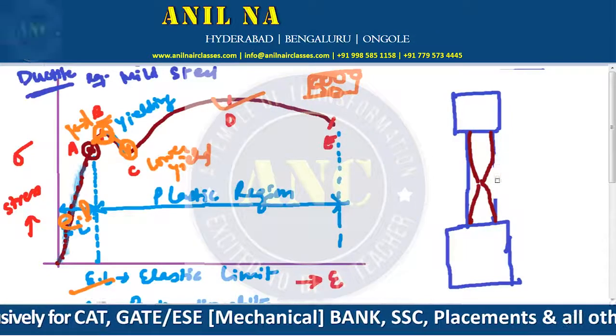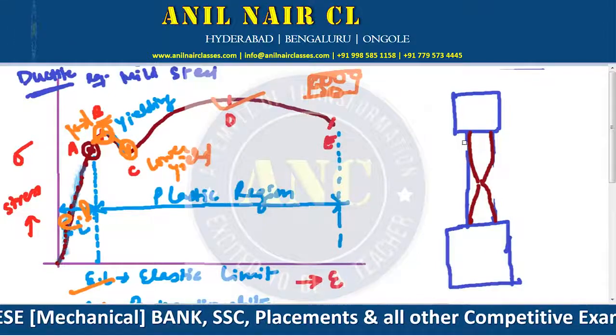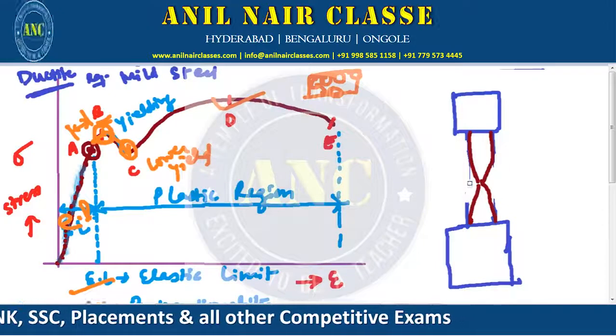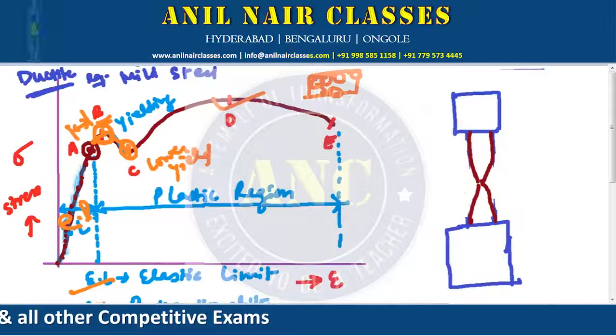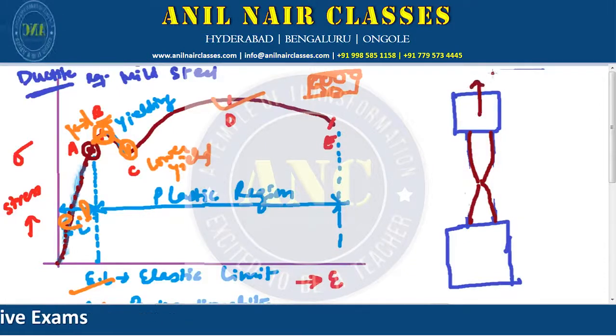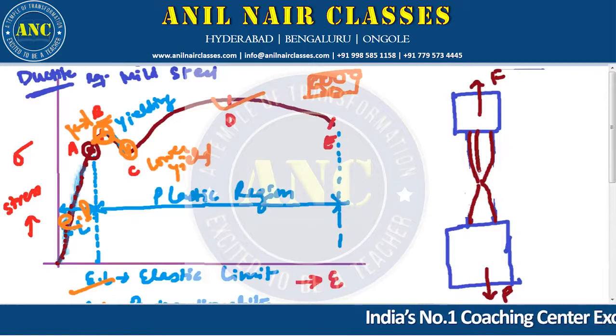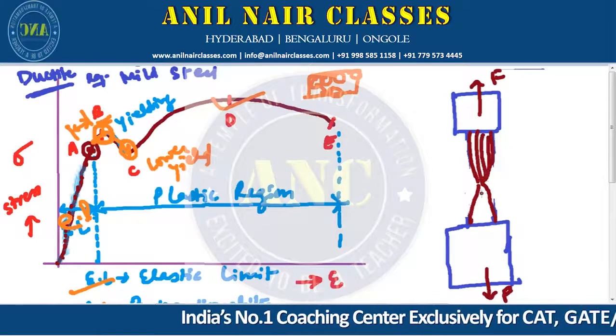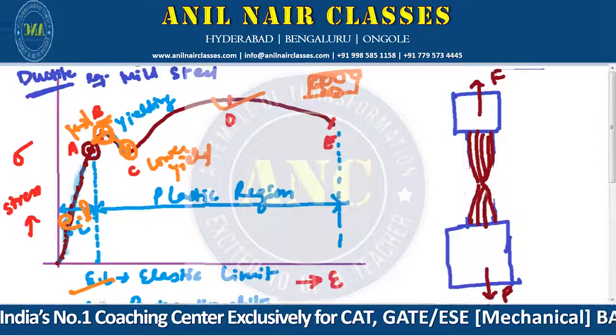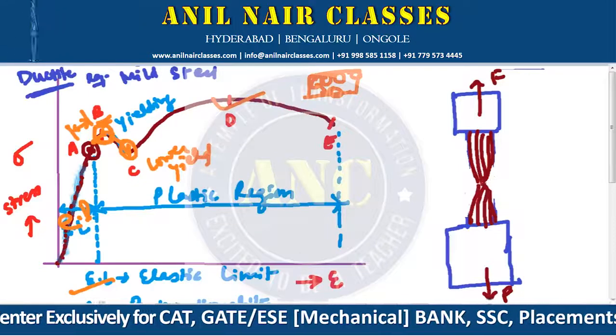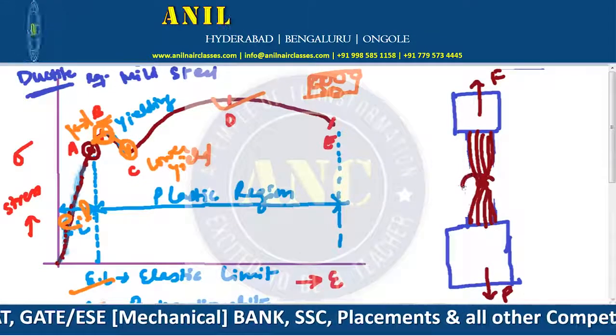Correct? Why? Because of the pull in the body. That is because of this force that in the UTM machine we are giving. So what happened? It will go on. So these are the lines. Correct? These lines are called lines of Lederbrand. So what happened? Finally, the point will be created, right?